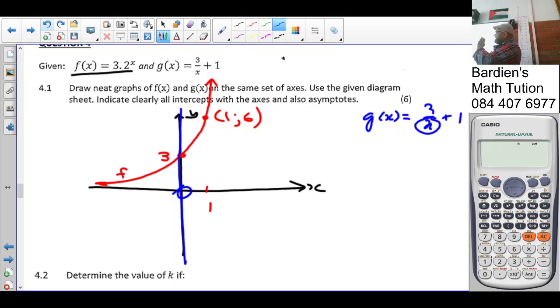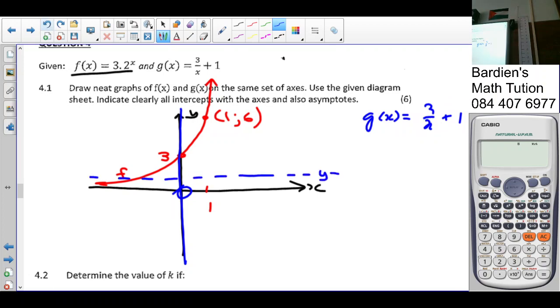And what do you call that asymptote? Standing up straight. Vertical asymptote. We have a horizontal asymptote at y is equal to 1. You see that, people? That's the first thing I draw in, my asymptotes. If that's 3, then 1 is approximately here. y is equal to 1.